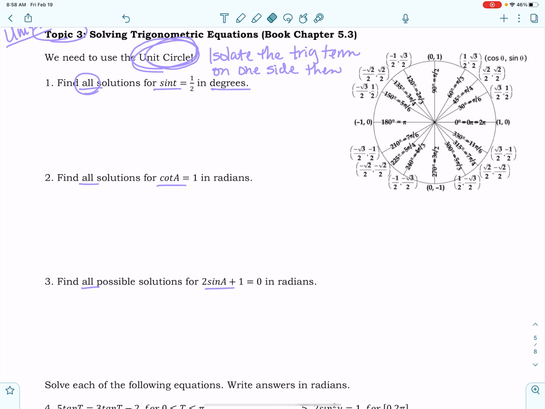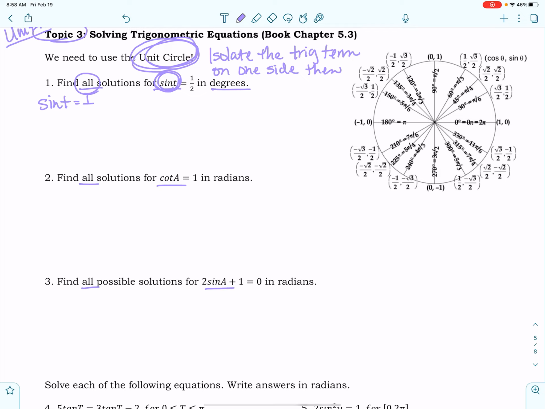So that's what I'm talking about. I want all the solutions for sine t equals 1/2. For this particular problem, our trig term is already on one side, so I don't really have to do anything to this algebraically. I'm ready to go with this.